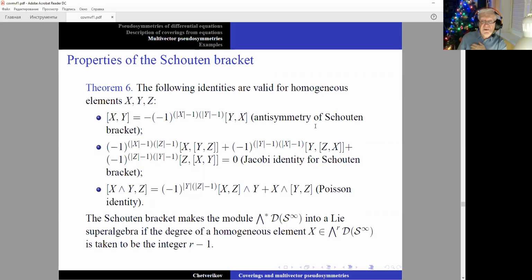Antisymmetry of the Schouten bracket, Jacobi identity, Poisson identity. The Schouten bracket makes the module of vector fields a graded super algebra.